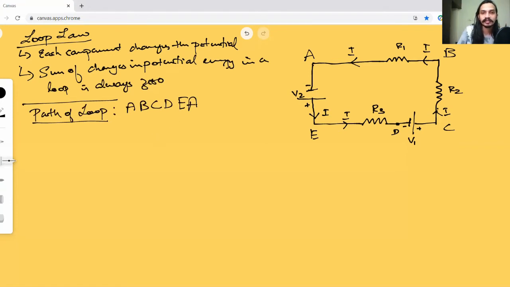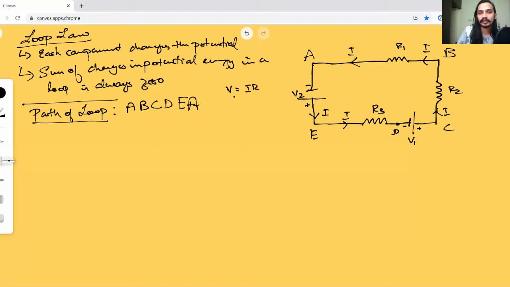Once I have set the path of the loop, I will take a close look at what exactly the different voltages are for each component. When you talk about voltage, we know the formula V equals IR.